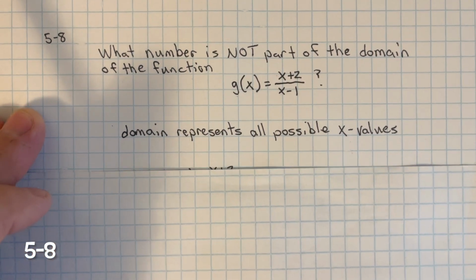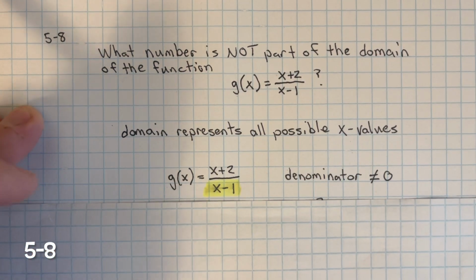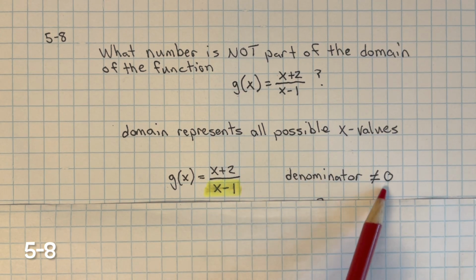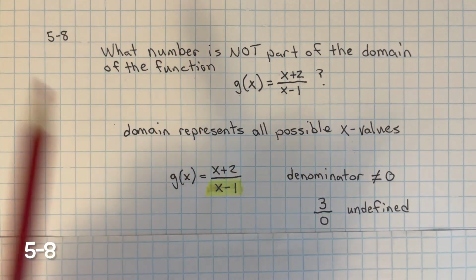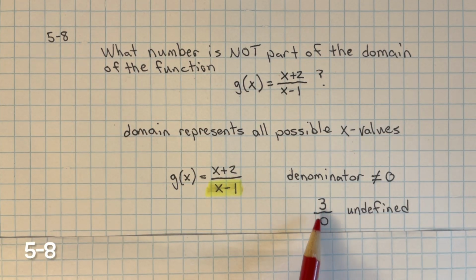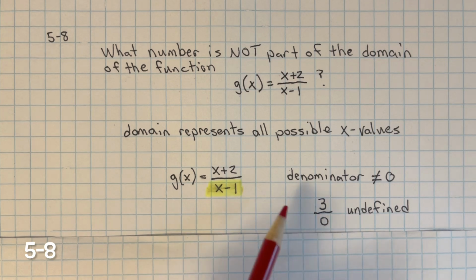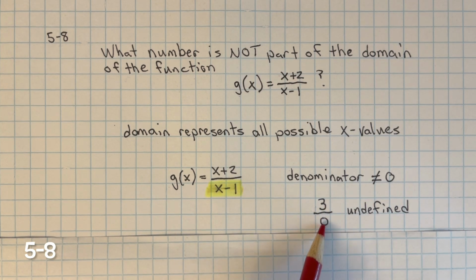Well, in order to do that, remember that when you have a denominator, the denominator cannot equal 0. And the reason why, for example, here, 3 over 0, if the denominator is 0, that's saying I have 3 groups of nothing. So I can't have 3 of nothing.